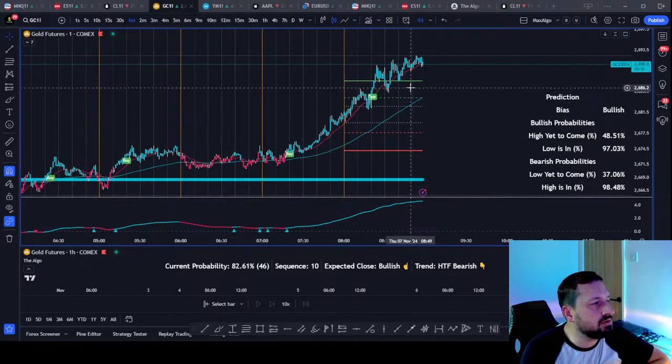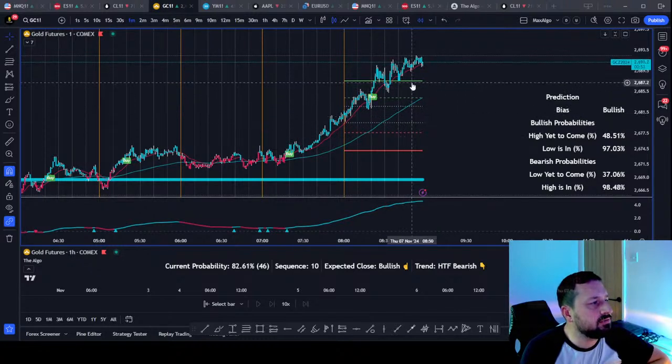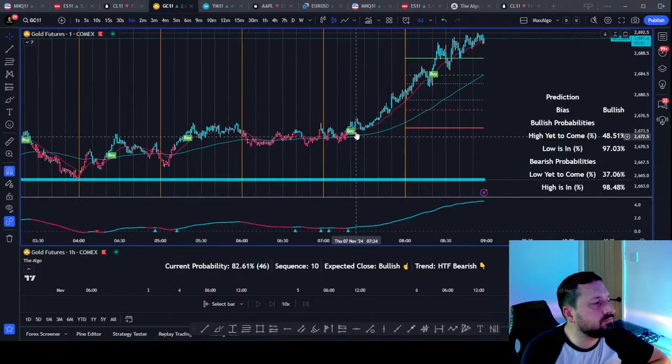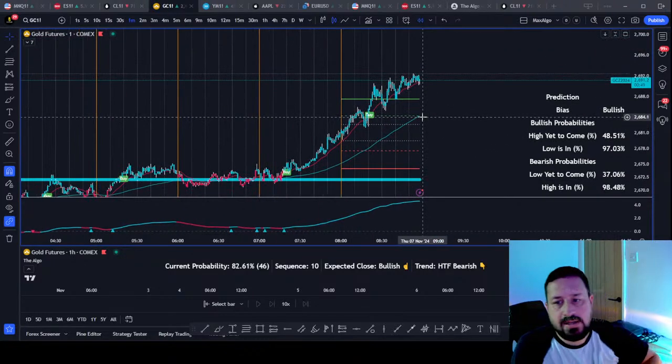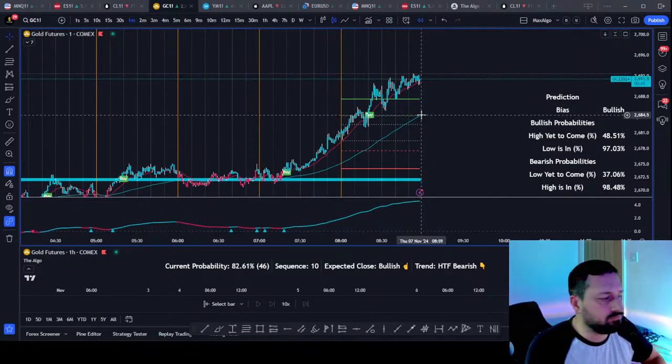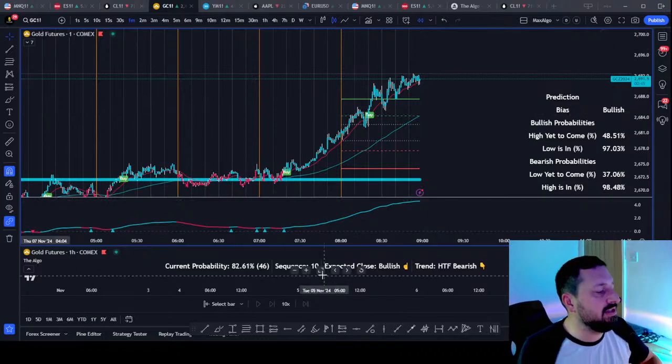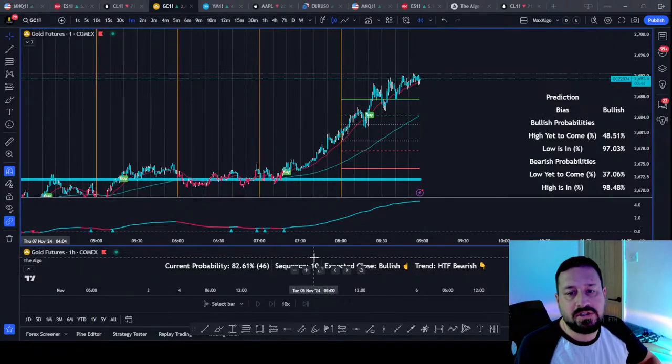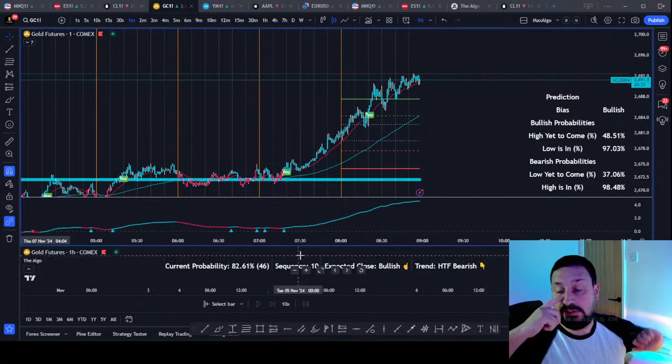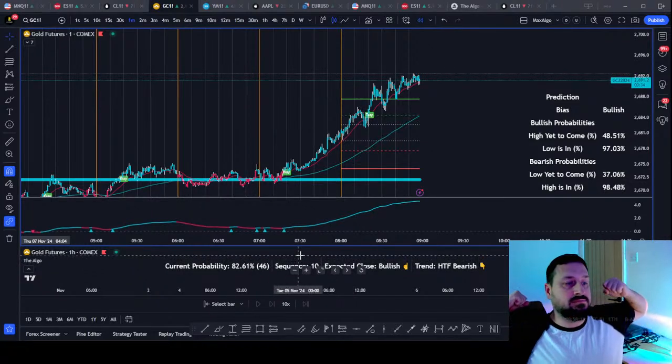Nice run from gold. Nice trade. Nice trade here. 2 good trades on gold. We are right at the end of the sequence. We're in sequence 10. And you can see there's been 46 times that we've had a sequence 10 at this level. Not a huge amount.